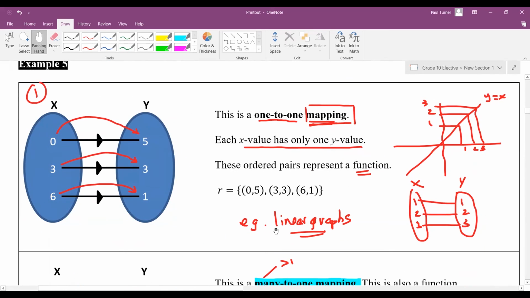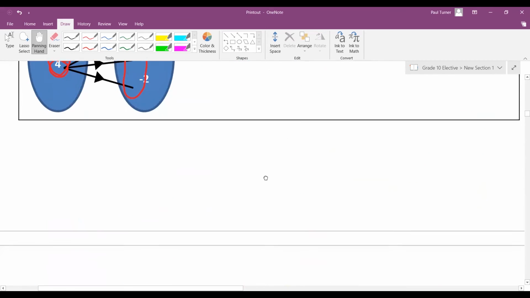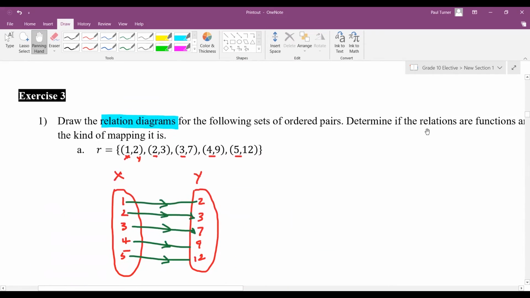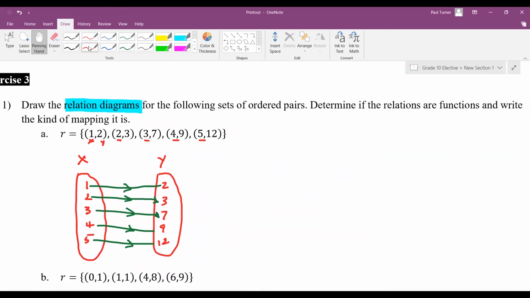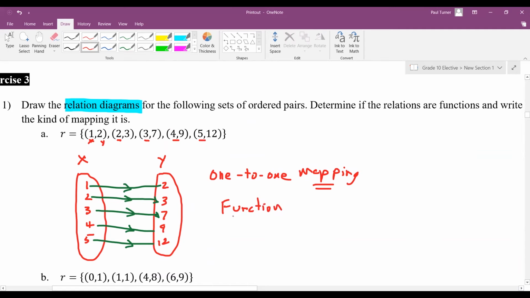It looks like this one, doesn't it? So we'll call that a 1 to 1 mapping. Determine if the relations are functions and write down the kind of mapping it is. So this is a 1 to 1 mapping, or function, if you like. But you'll see this word when we use functions. 1 to 1 mapping, and it is a function. You don't need to draw the graph anyway. Okay, so that's the first one.